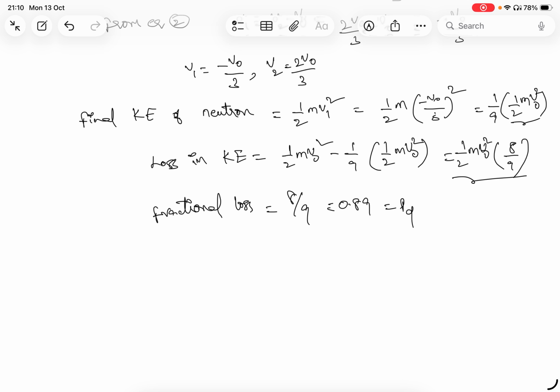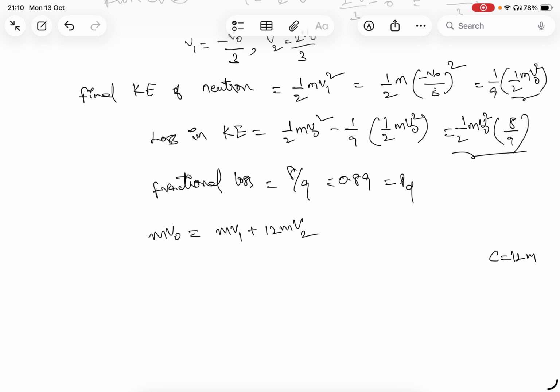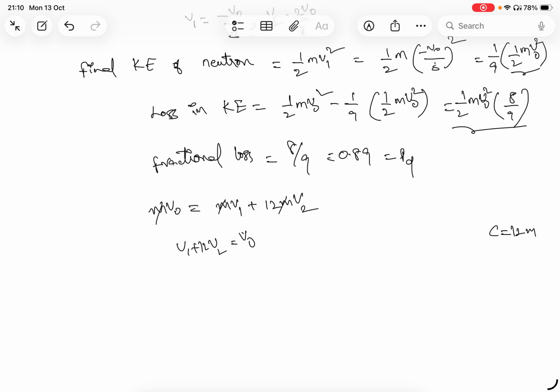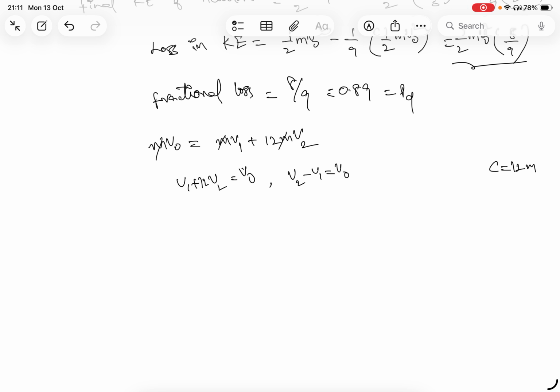At first, only the neutron was moving, so the momentum is m v0. After the collision, it is m v1 plus 12 m v2, where 12m is the carbon mass. m gets cancelled, and v1 plus 12v2 equals v0. We apply the same coefficient of restitution formula, v2 minus v1 equals v0. Let's solve these equations.